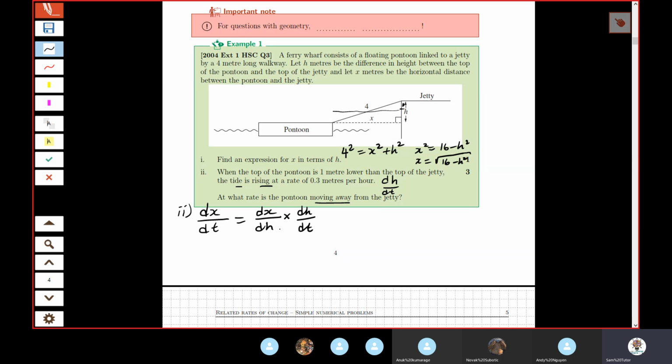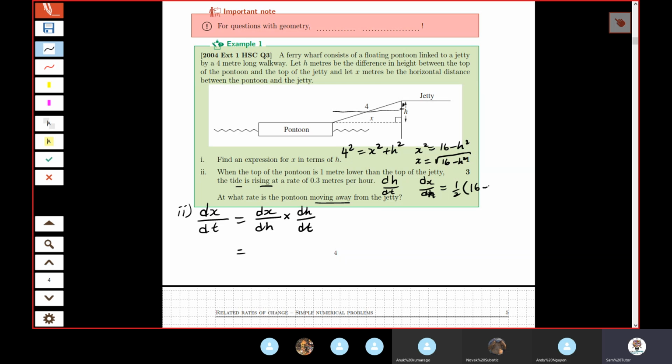And then what's dx on dh? Well, that's just the derivative of this. We're just differentiating, so that's power of a half.